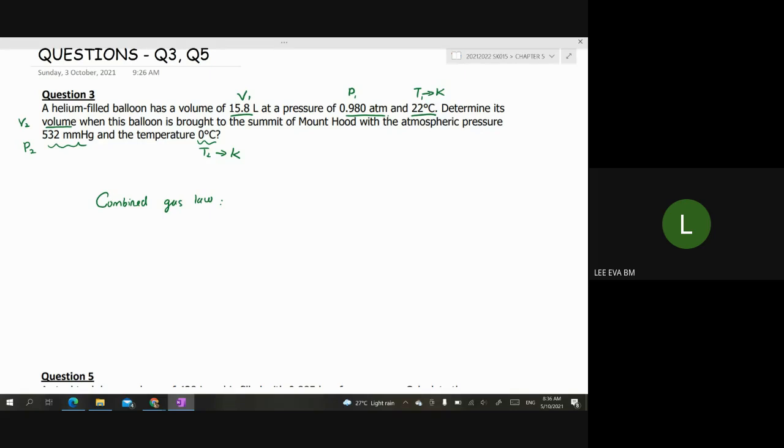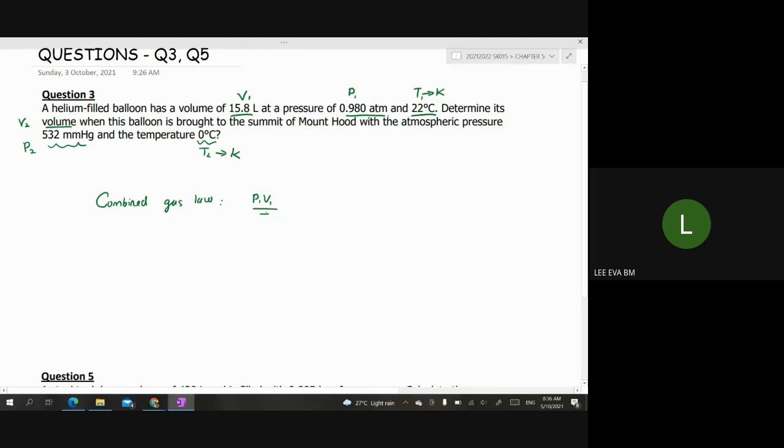Siapa lagi? Hiran Rao. I don't know how to pronounce your name. Hiran. Ada? Yes, madam. So what formula do you use? P1 V1 over T1 equals to P2 V2 over T2. Very good. Ayo, salah tulis.